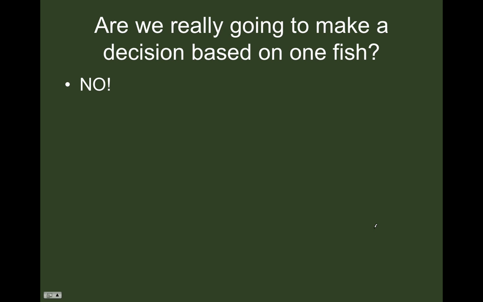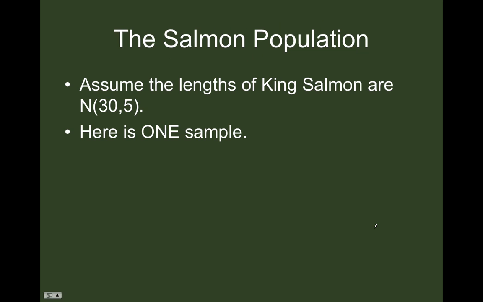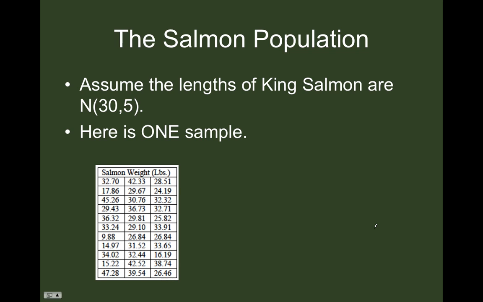No, they're not. But when we go to more fish, we do run into some issues. So let's talk about this for a second, because we do have, from previous examples, one sample. And this sample is reflecting 33 fish. That's the sample size. And the sample mean is about 30.51.